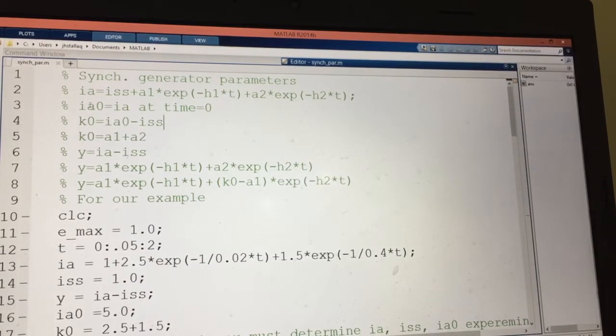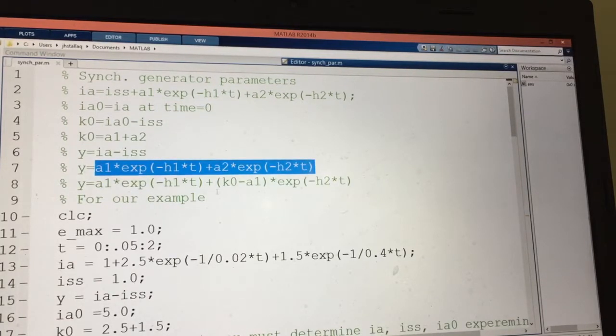So, if we start IA naught equal IA at time equal 0, and then K naught is IA naught as I described to you in the previous video, and K naught is A1 plus A2, so we have to calculate what is A1, and we assume Y is IA minus I steady state, which is equal to this.